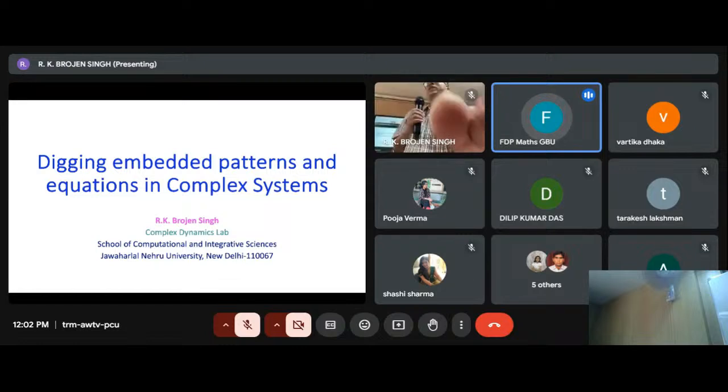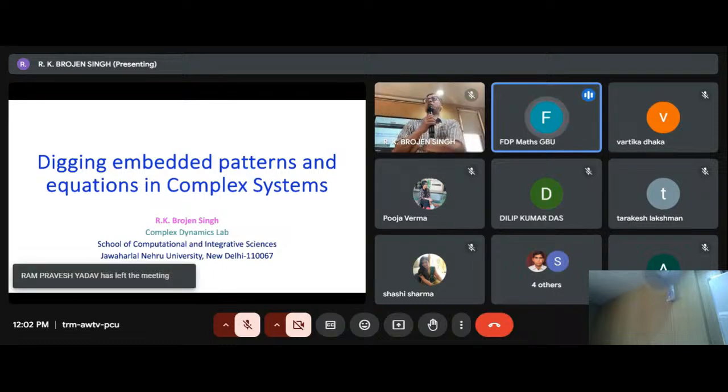Today's talk is a little bit away from traditional physics, but it draws on some part of physics, some part of mathematics, and some part of chemistry, in the area of complex systems.